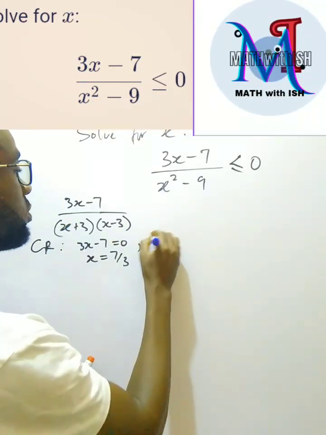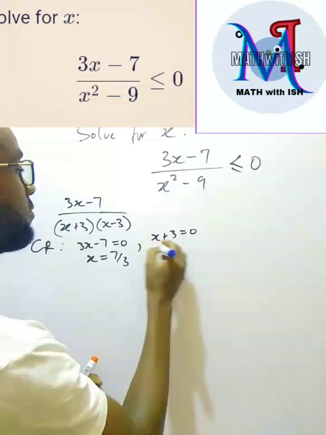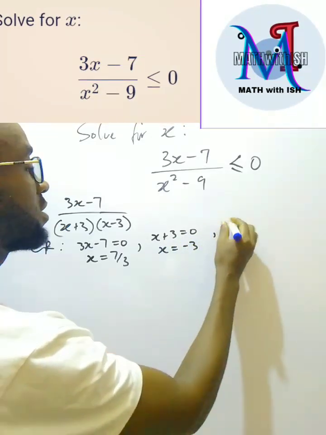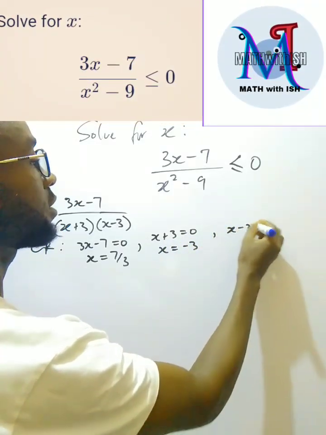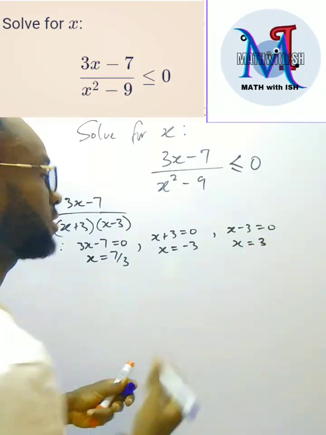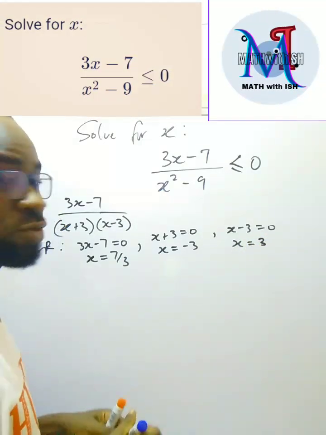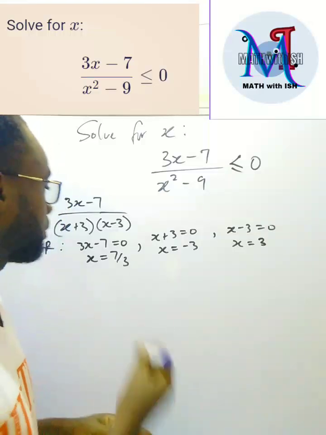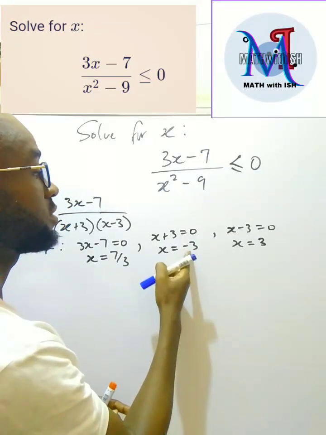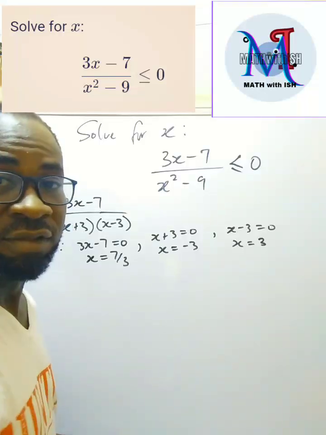Our next critical point will be x plus 3 equal to 0, from here x is equal to minus 3. Our next critical point is x minus 3 equal to 0, from here x is equal to 3. So these are the critical points we have gotten so far: 7 over 3, minus 3, and 3.